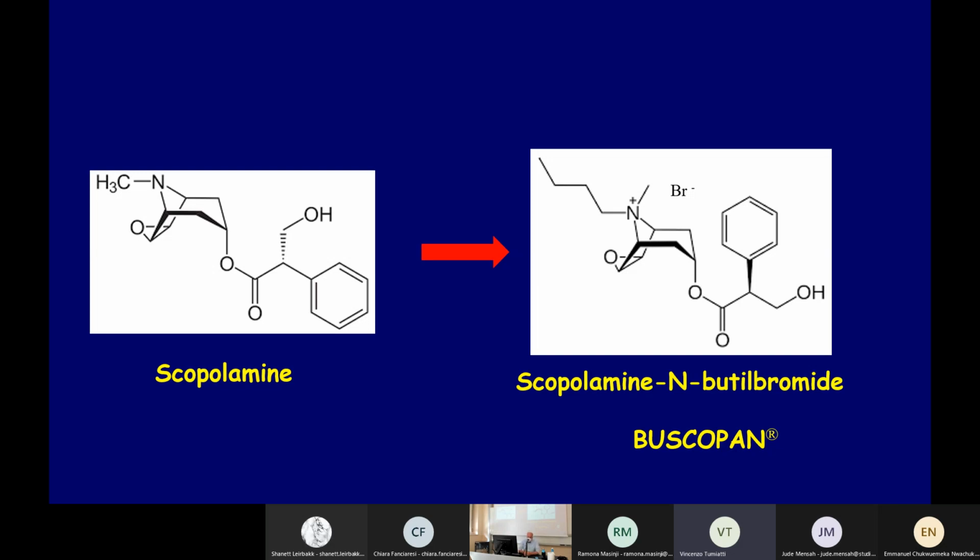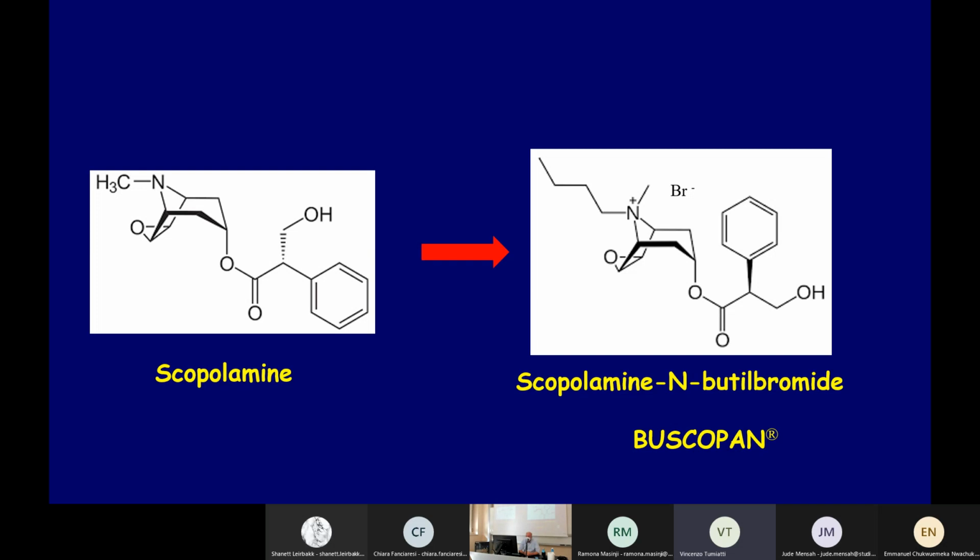Buscopan is very famous as a muscle relaxant in the case of liver colic, intestine colic. If scopolamine is able to reach the CNS, we can have a strong amnesia because it can act on the neurons.